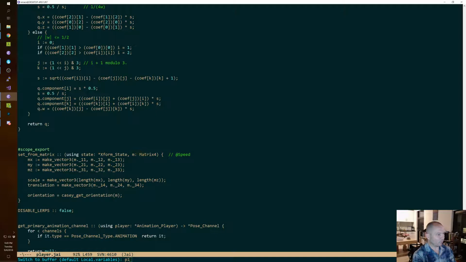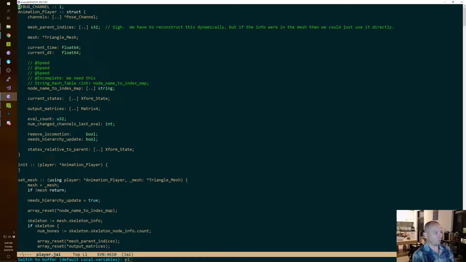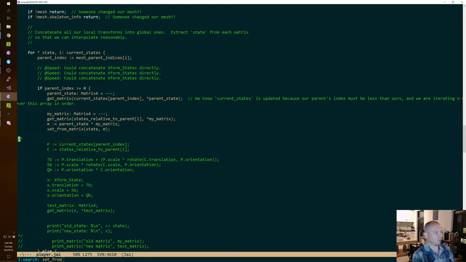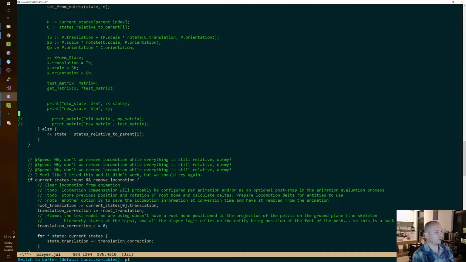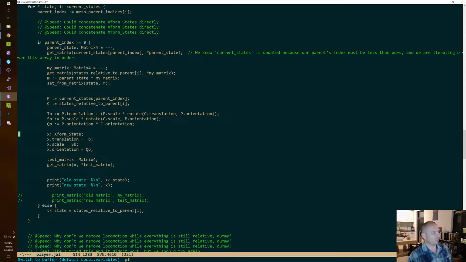But it might be converting back to matrix. I don't know. The more math you do, the more opportunity there is for precision problems. So we don't want to do as much math as we're doing, which is why I'm doing this. So now we're back to the question of why is my scale not correct?